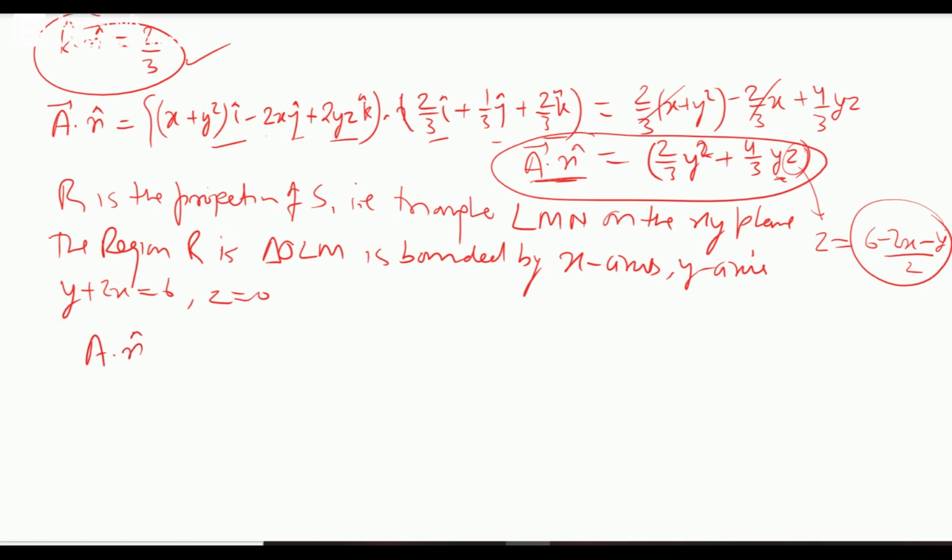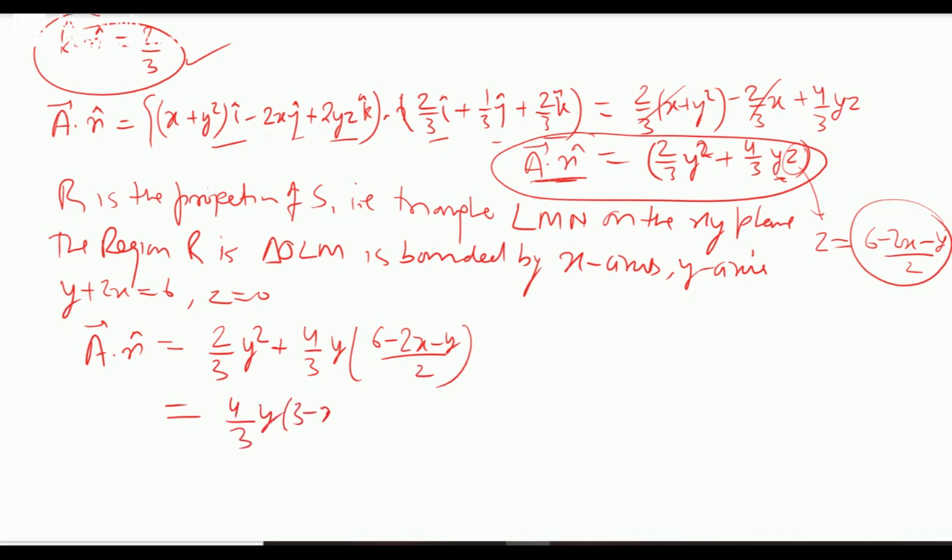Hence the a dot n vector, if you put here 2 upon 3 y square, 4 upon 3 y, 6 minus 2x minus y upon 2, we get 4 by 3 y (3 minus x).